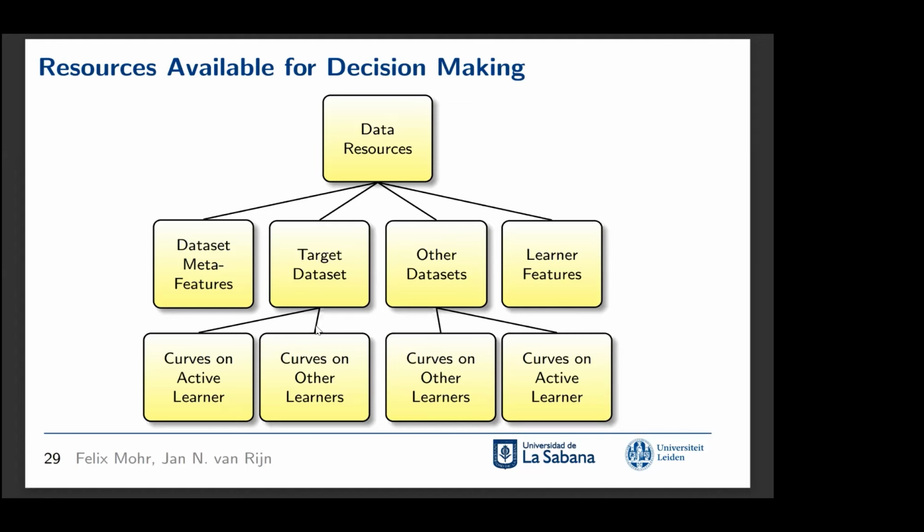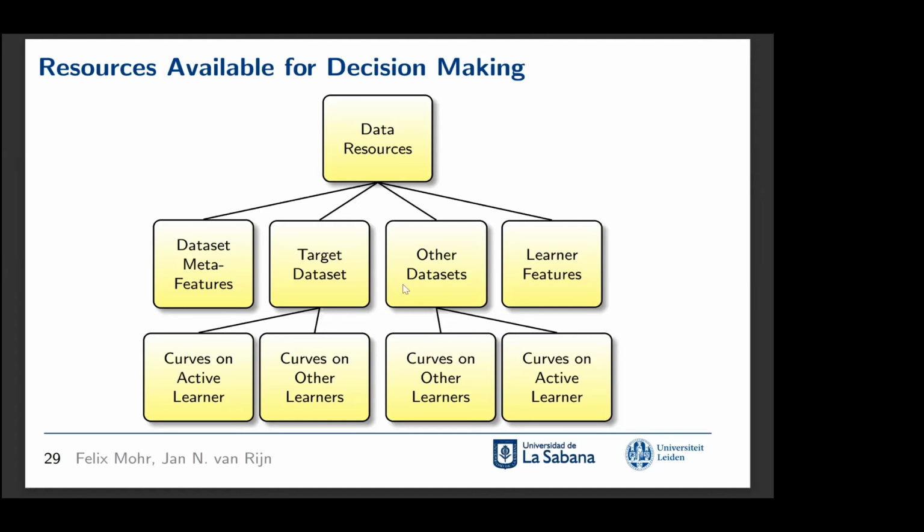On the other hand, you can also say I have a fixed data set, but several, for example, neural network architectures. So I have seen on the same data set already how other neural networks behave in terms of learning curves. How can I now use this to extrapolate the learning curves of new neural network architectures on the same data set?